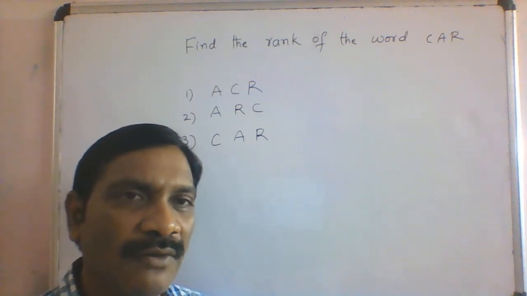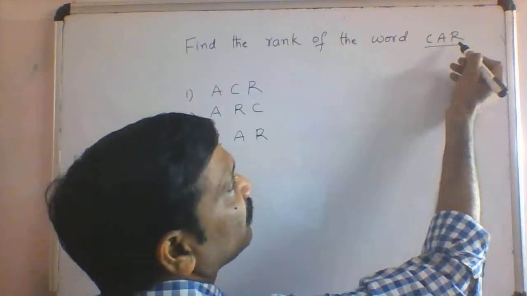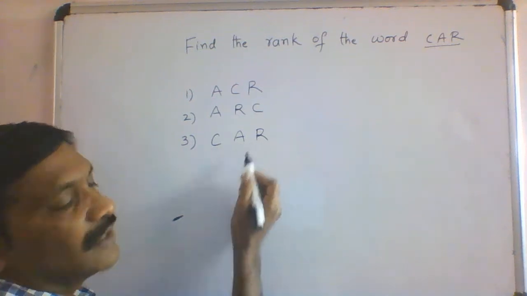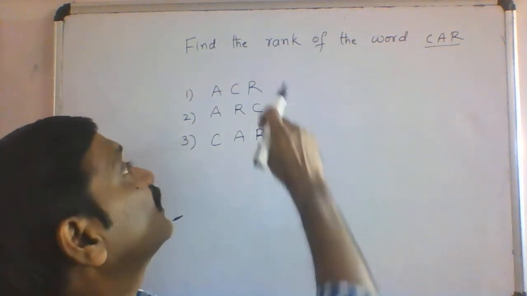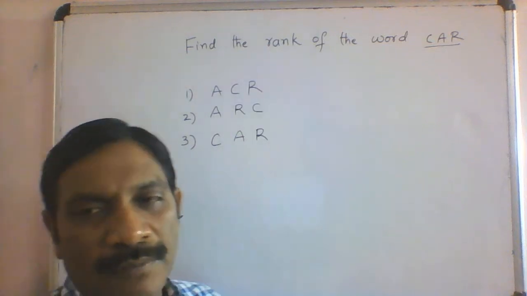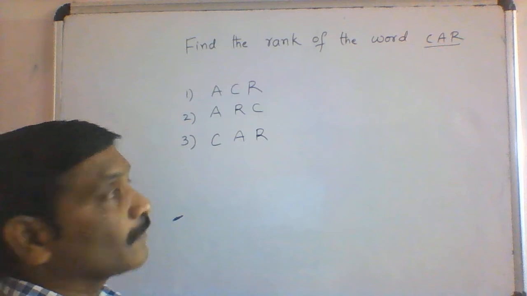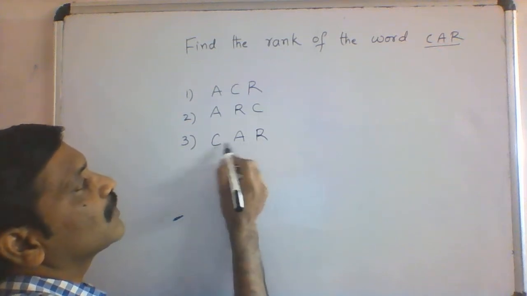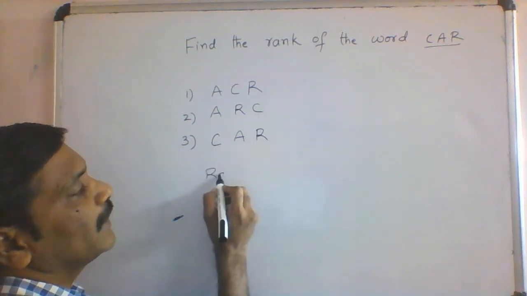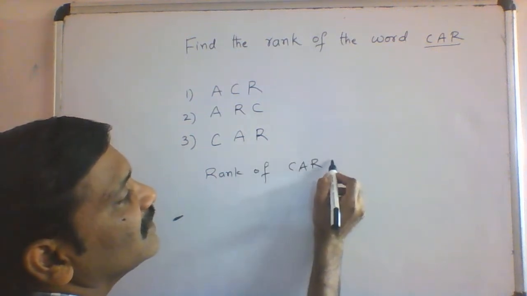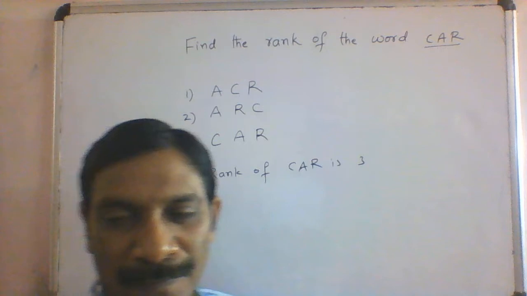What is our required word? CAR. Where did it occur? In third place. In third place we got CAR when we wrote all possible words in alphabetical order. So we say that the rank of CAR is 3.